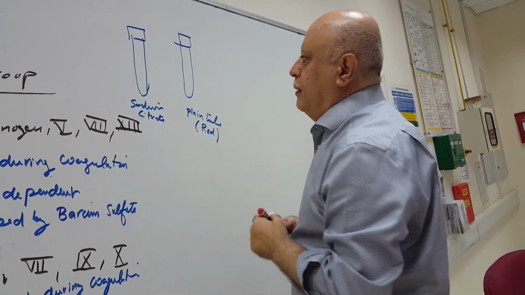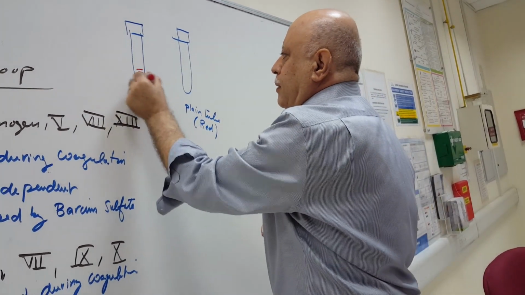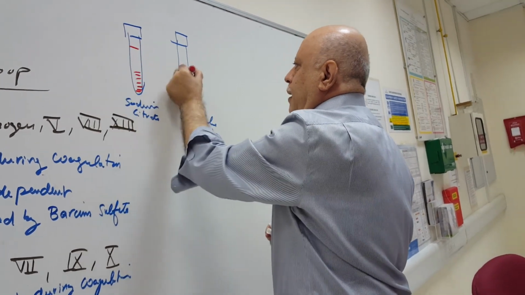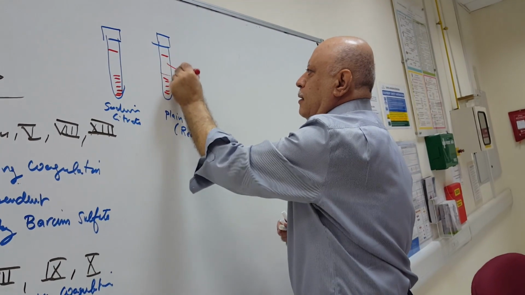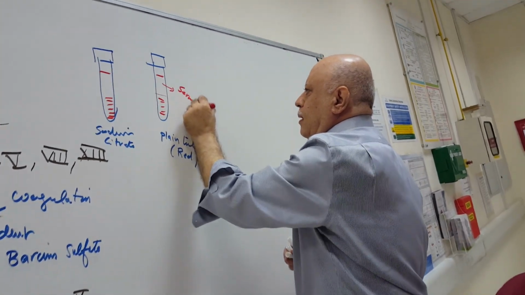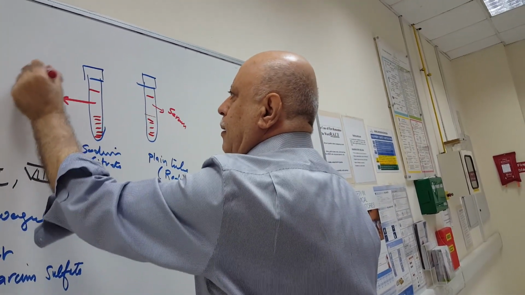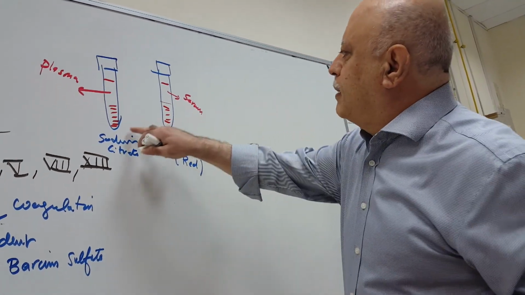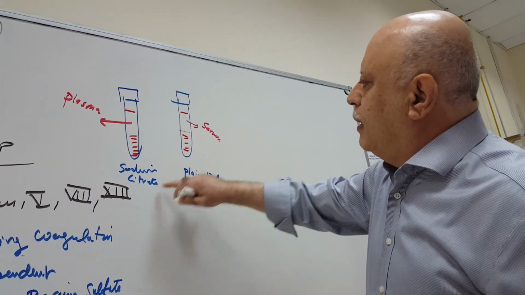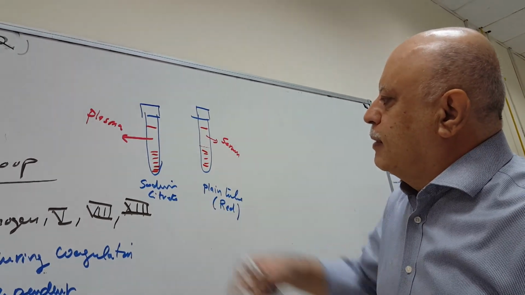After we draw the blood and spin it, we notice there is some coagulation in the plain tube. This is called serum, and this is called plasma.